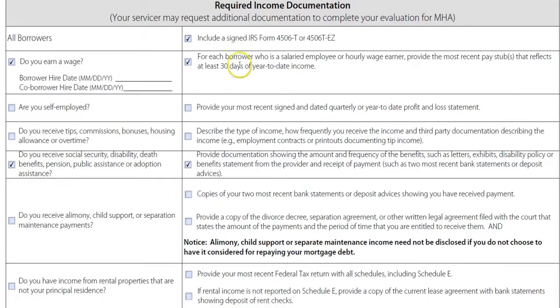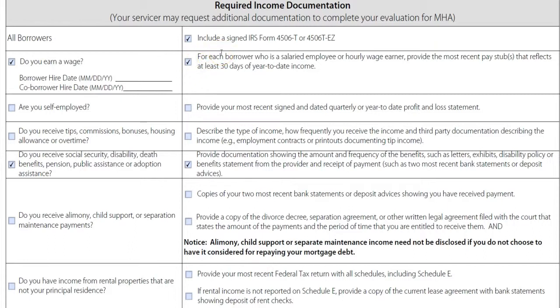Okay, moving on here to page number 3. This is the documentation for your income. So they're not requesting all of this information that they show here on the top of page 3. You just need to check mark the information that applies specifically to your situation. So for instance, if you have a regular full-time job, then you would mark here, do you earn a wage? So you would mark yes, the date that you were hired, and you would check mark the section next to it where it says for each borrower they need pay stubs.